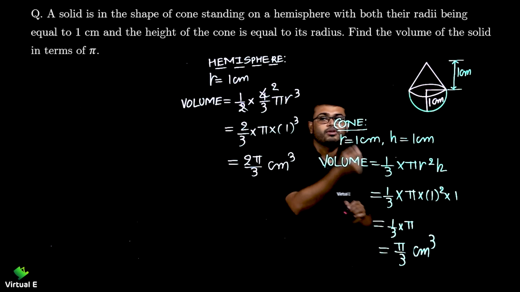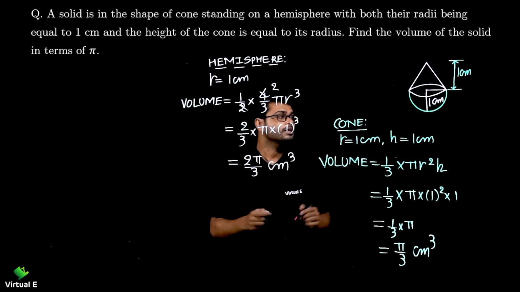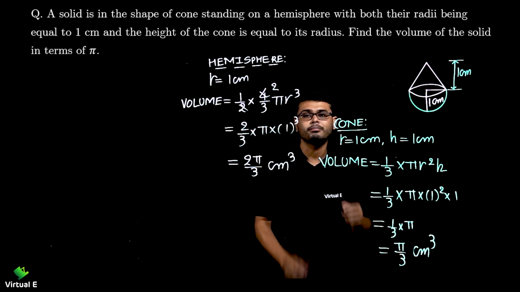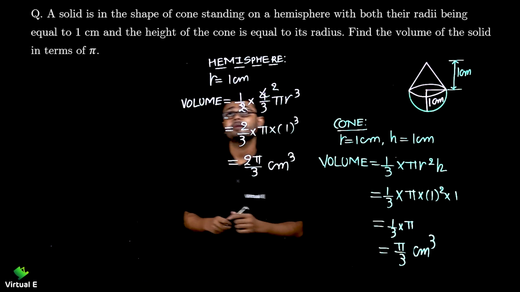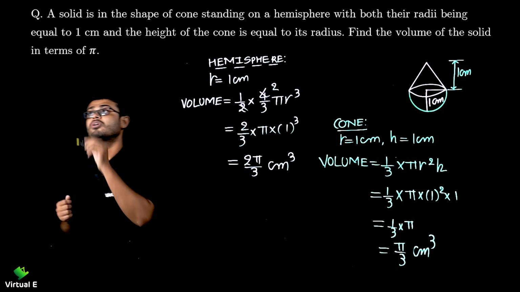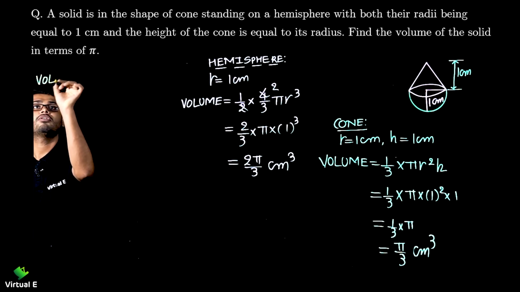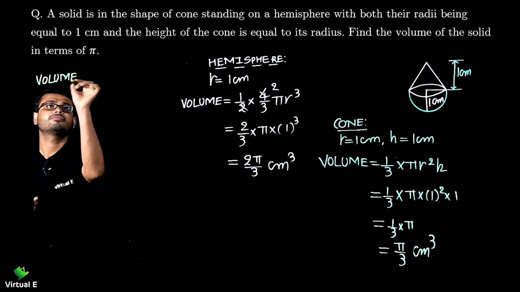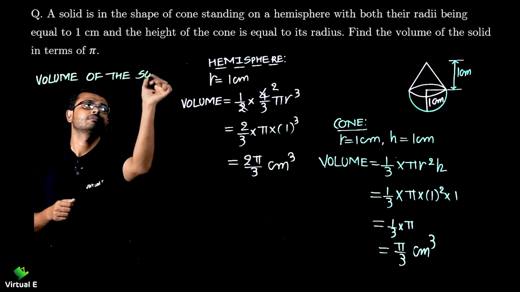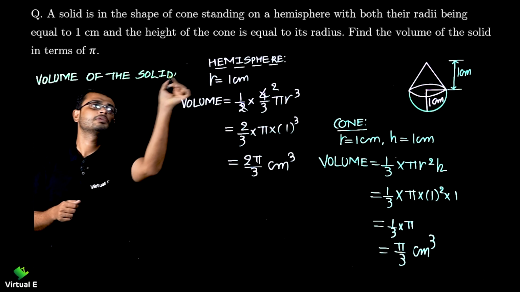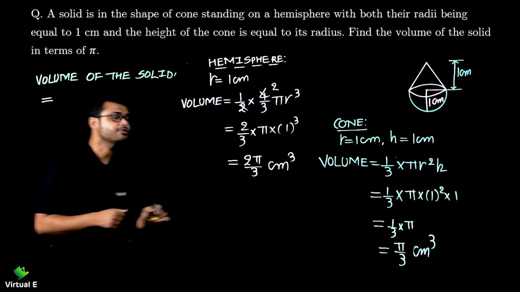So we have the volume of the cone and the volume of the hemisphere. Now let's add, because this is a combination of solids. There are two solids, the cone and the hemisphere. Now let's get the volume of the solid. What are we going to do? Are we going to add or subtract?